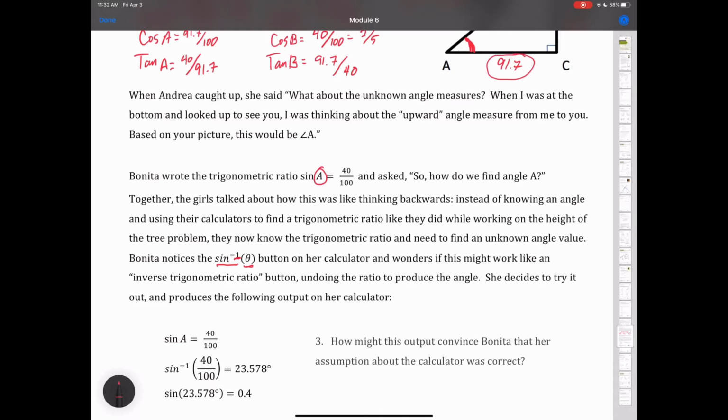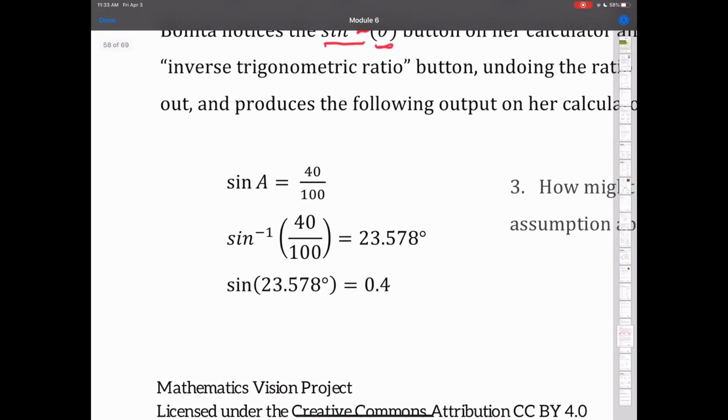And then she also decides to check her work, using that angle to see if it produces the proper trig ratio. So let's examine here. We've got sine A equals 40 over 100. And she uses the inverse sine function to see if we can find an angle measure. She does that and finds the angle measure of 23.578 degrees.